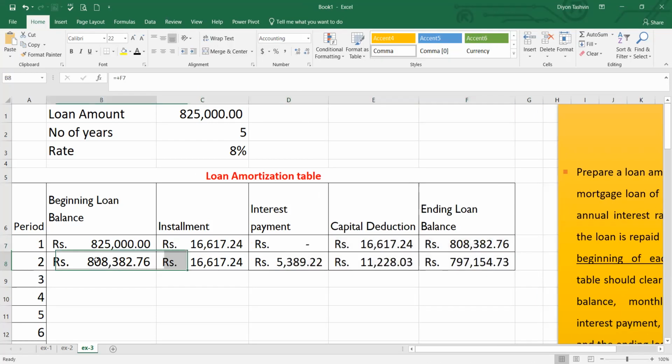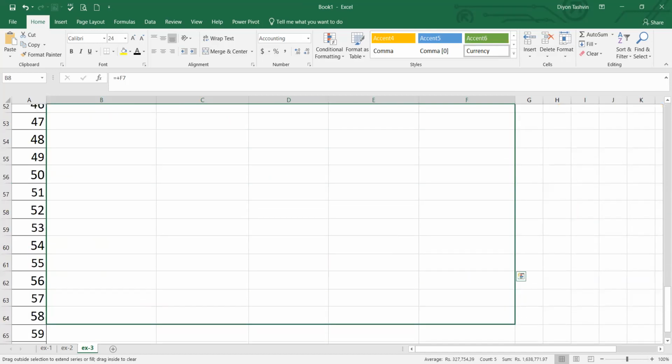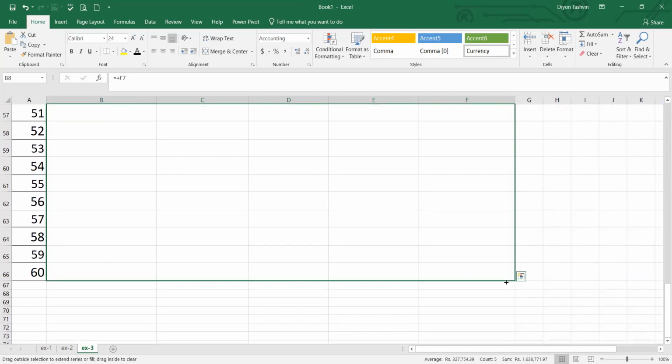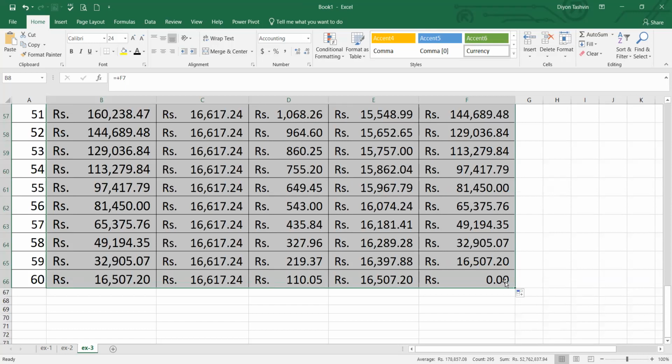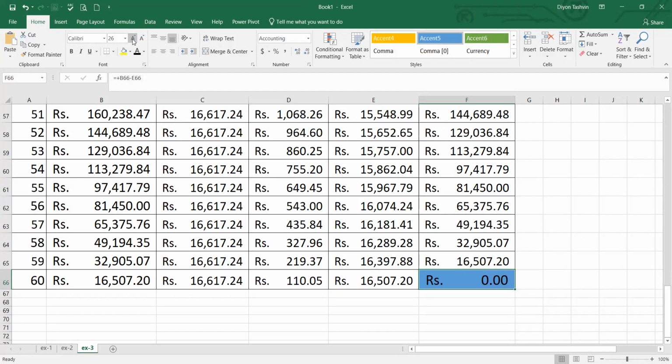Then I'm going to highlight the whole table, and then I'm going to drag it up to the end of the period. So you can see at the end of the period, our loan balance will be 0, which means our amortization table is correct.